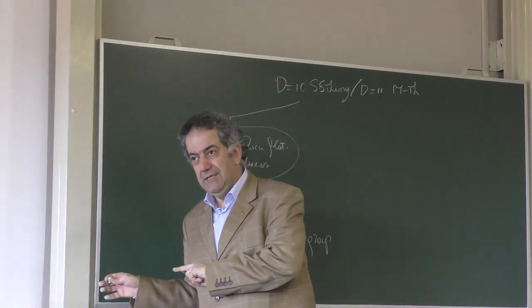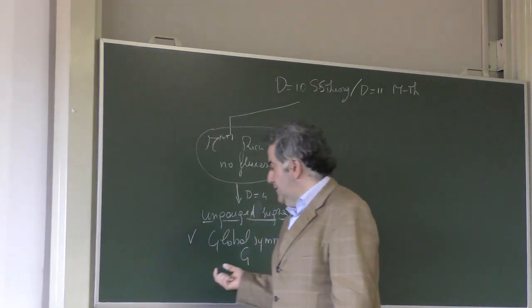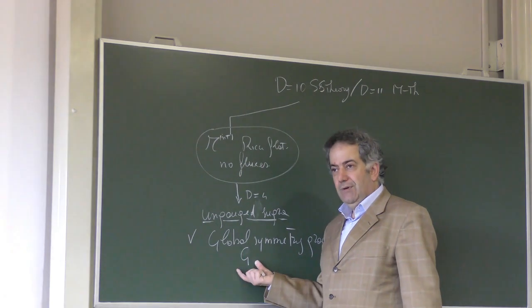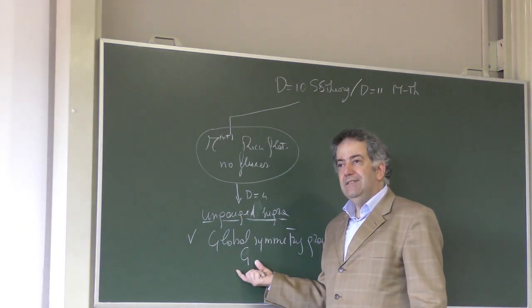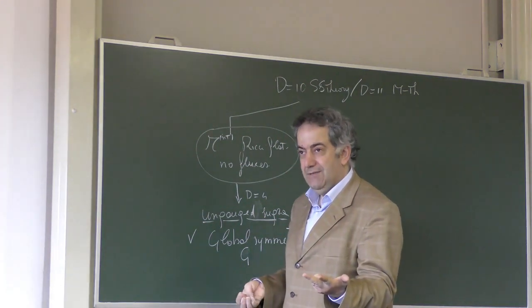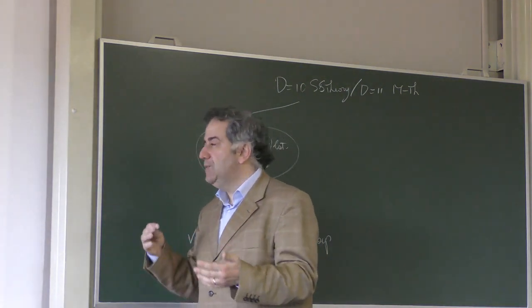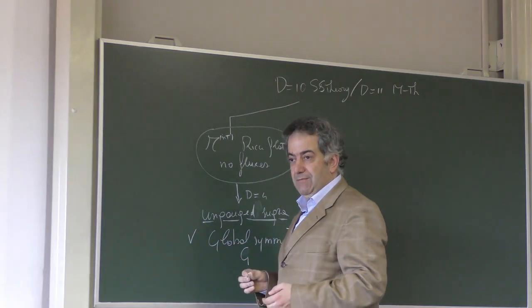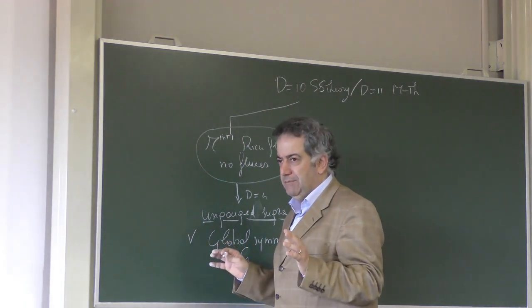I'll spend a few words about this now, okay? So within this global symmetry group there are T dualities, S dualities, and in general U dualities. So all the dualities between string theories and M theory. Not all of them, but part of them, an important part.